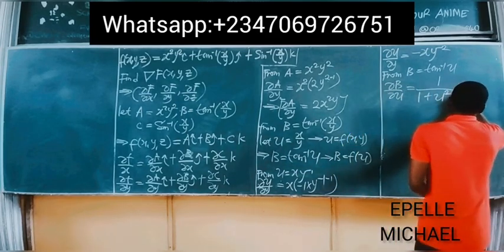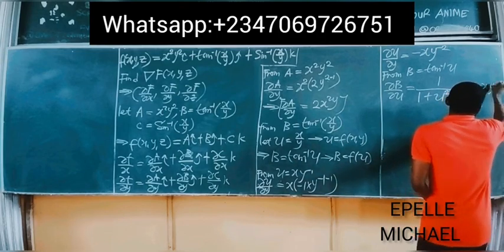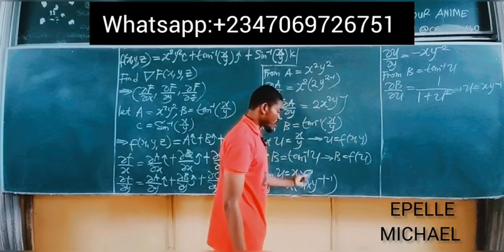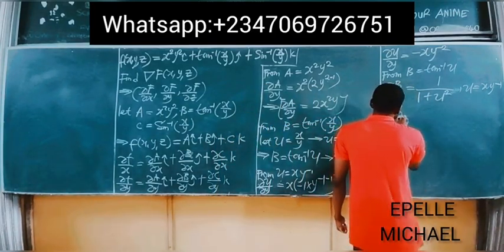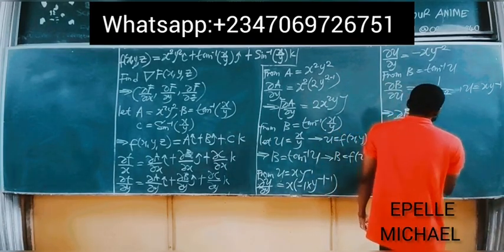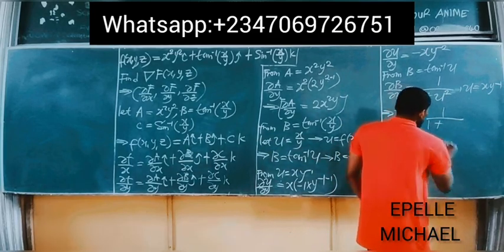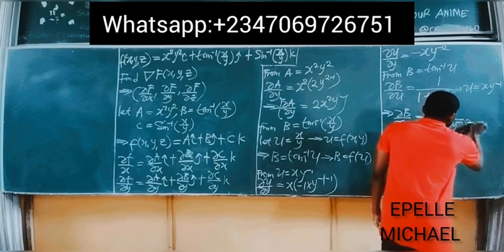But not forgetting, u is equal to x y to the power of minus 1, as said here. This now implies that the partial derivative of b with respect to u is simply equal to 1 all over 1 plus, in place of u squared, x y to the power of minus 1 all squared.